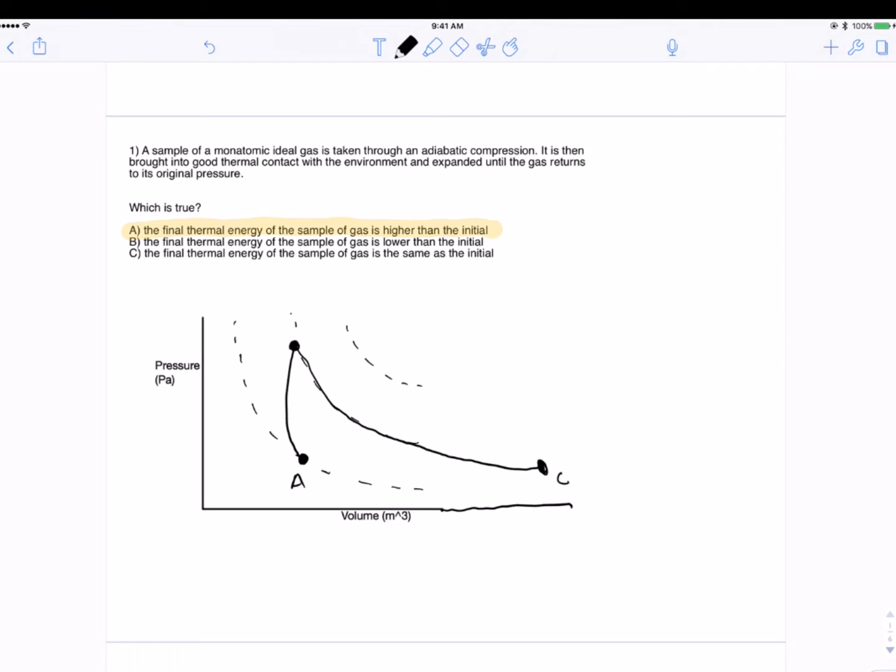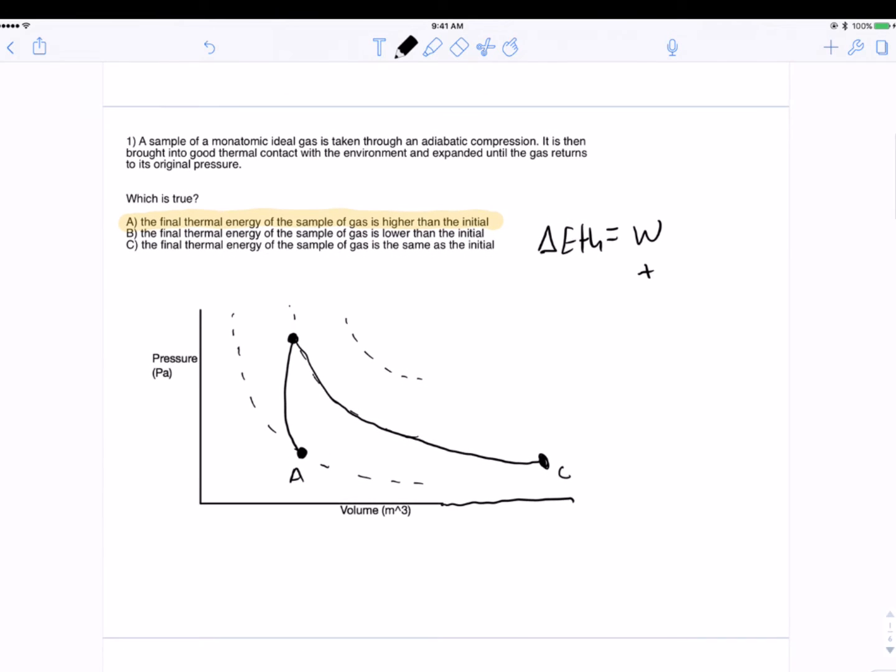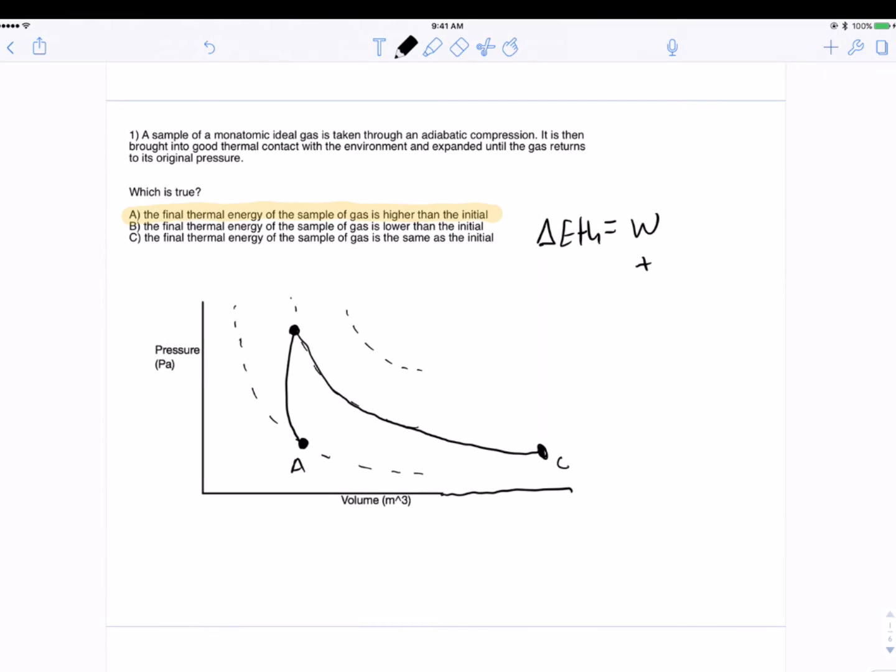And so we can conclude that because delta E_th in the first part, the adiabatic compression, equals W, it must be that the surroundings are doing positive work on the gas. And we know that because it's being compressed.